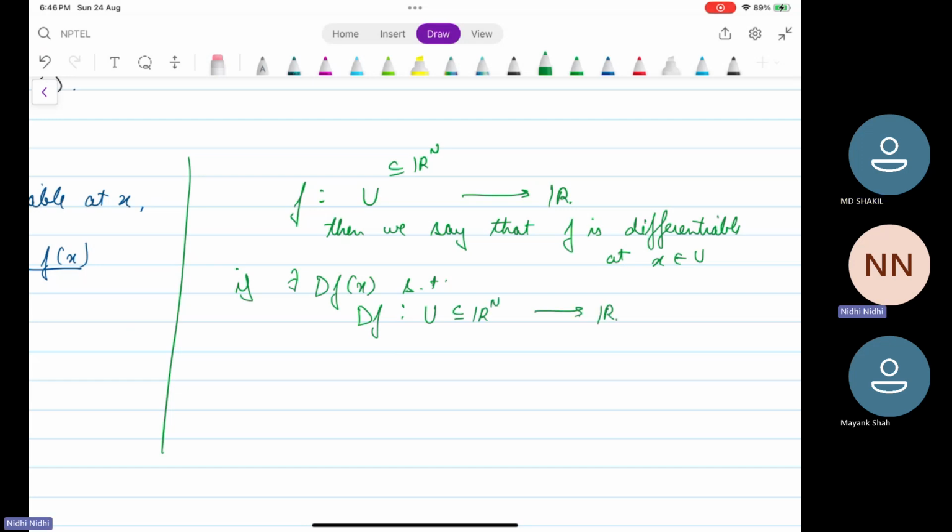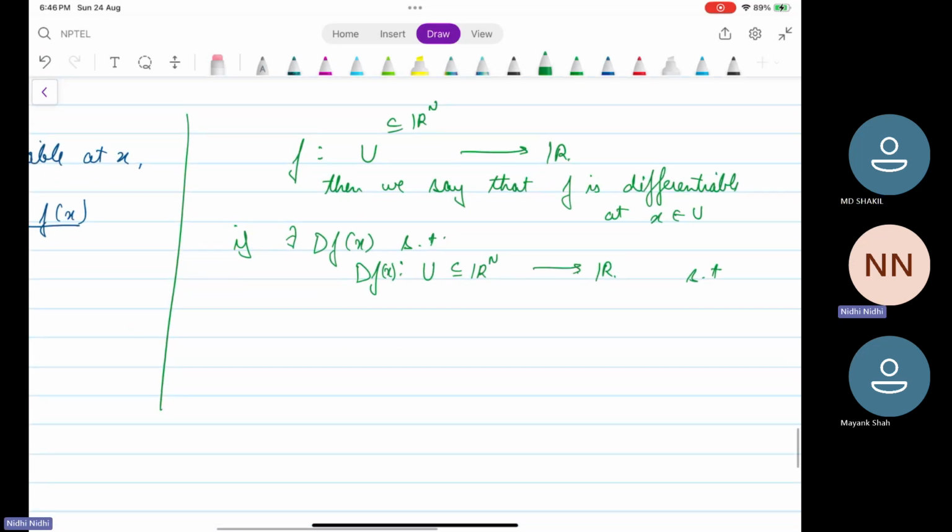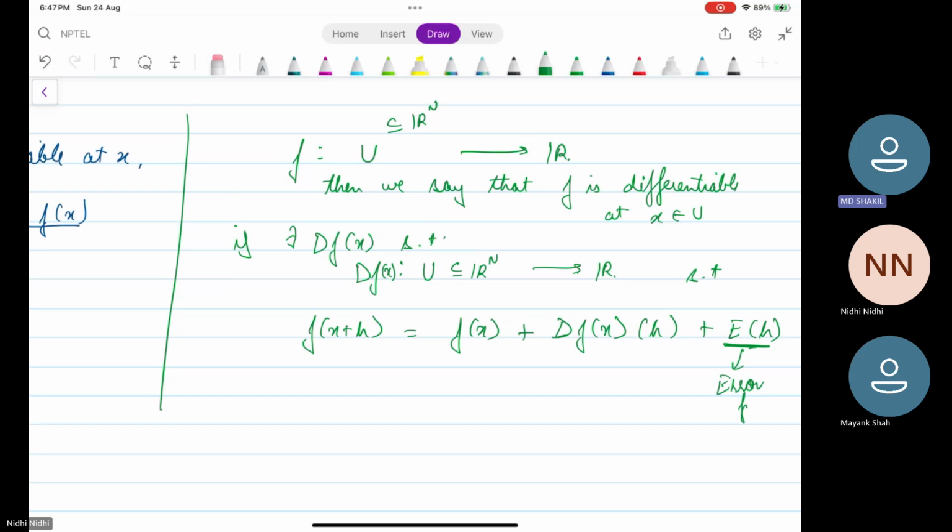Basically, the domain and codomain are the same as those of f, such that f(x + h) is equal to f(x) plus df_x times h plus e(h), where e is basically the error function, and e(h) divided by the norm of h tends to 0 as h tends to 0.